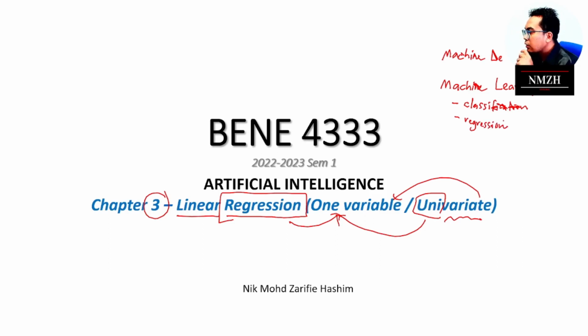These are under supervised learning. Unsupervised learning means clustering. We have another one, semi-supervised, and we have reinforcement learning, right? So for today, I would like to focus on regression.